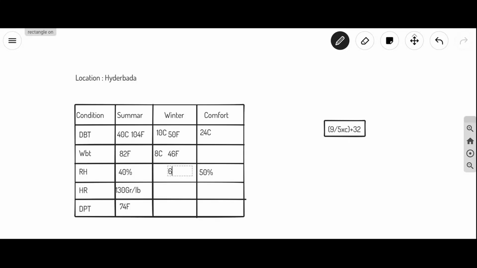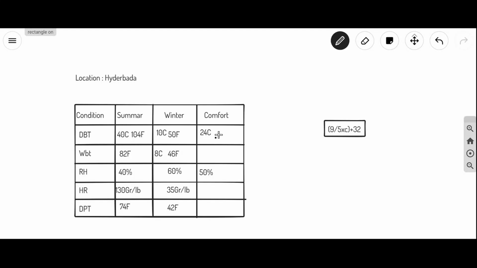Wrong, 65. 63, 64 comes; it comes around 60, above 60. In between 60 and 70, sir, at the center point. Okay. And this one? 42.